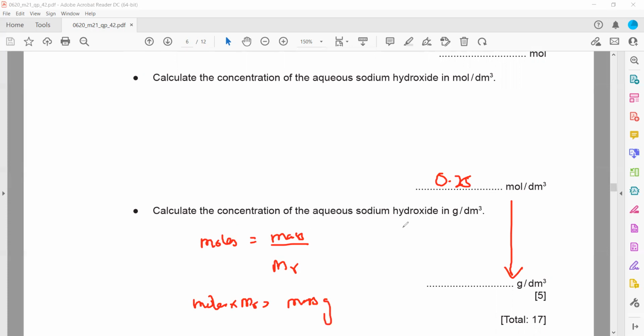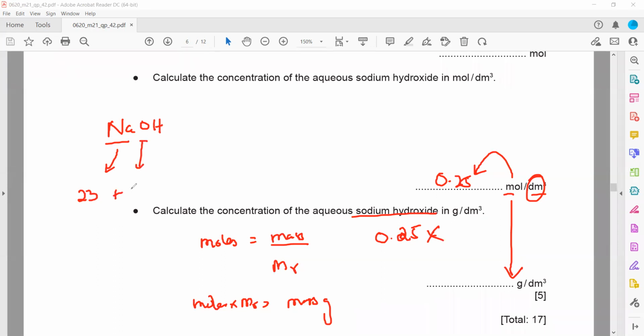The concentration is 0.25 mole per dm³, meaning this many moles in 1 decimeter cube. What about the molar mass of sodium hydroxide, NaOH? Using the periodic table, sodium is 23, plus oxygen is 16, plus hydrogen is 1. 23 plus 16 is 39, plus 1 is 40.